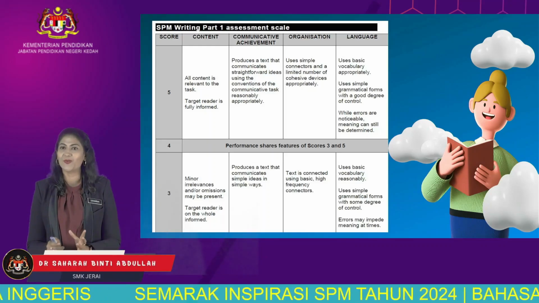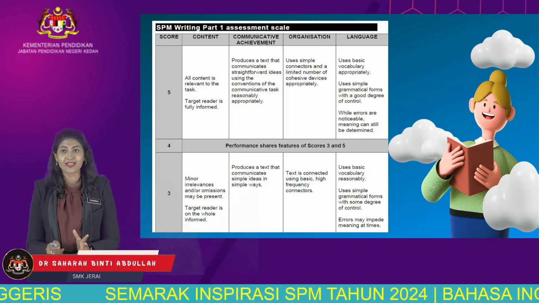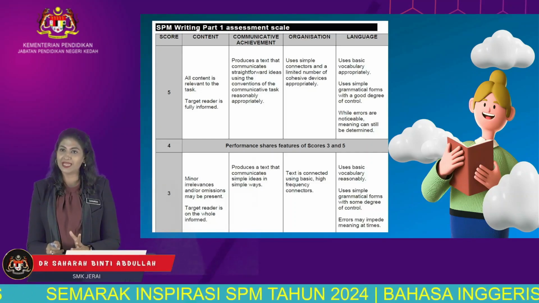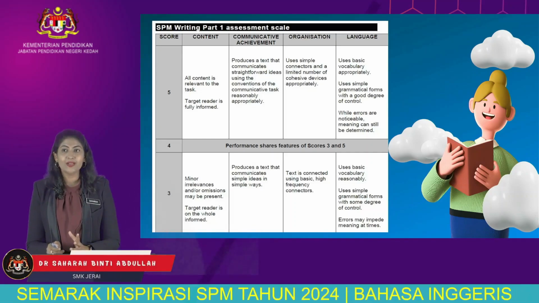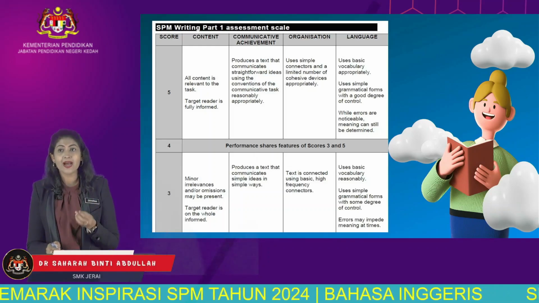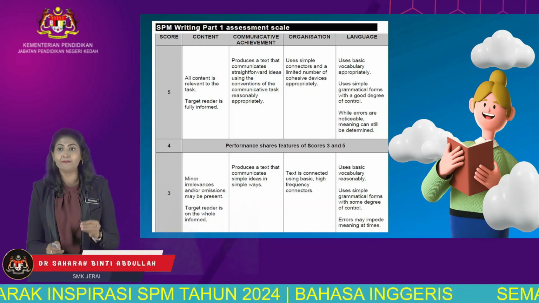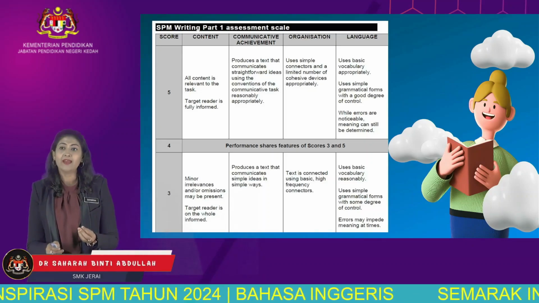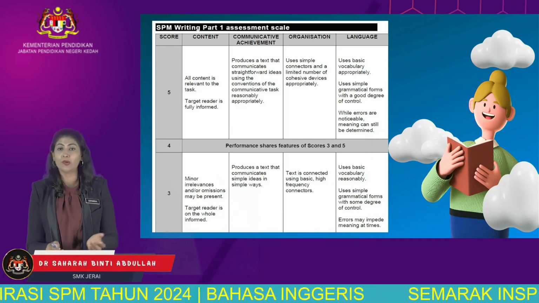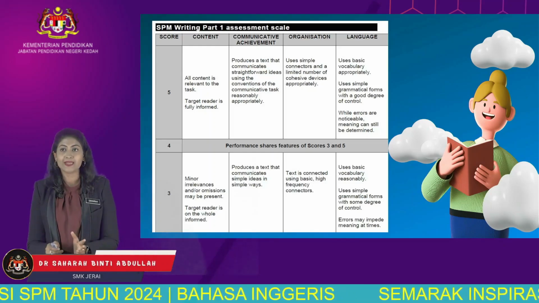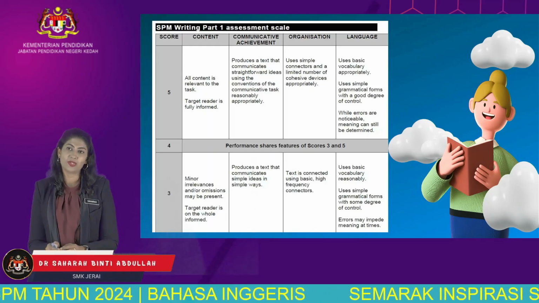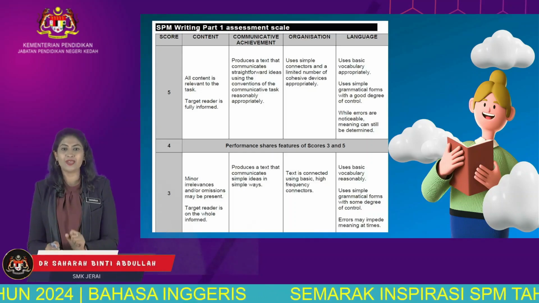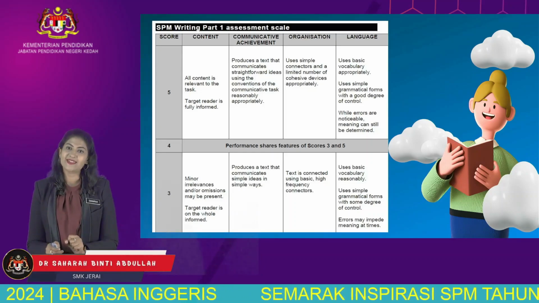In order to score well, you have to use simple connectors and a limited number of cohesive devices appropriately. Language, as usual: the errors are noticeable, that's okay, but the meaning can still be determined. And you should be using basic vocabulary appropriately and simple grammatical forms with a good degree of control. So pay attention to this assessment scale and answer accordingly.